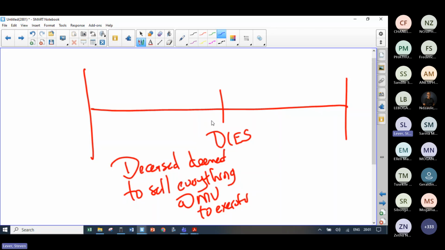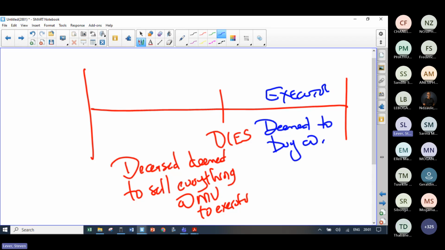What I'm about to do is only for the 4862 guys. So the executor has to do a tax return. What happens with the executor? He is deemed to buy at market value, date of death.